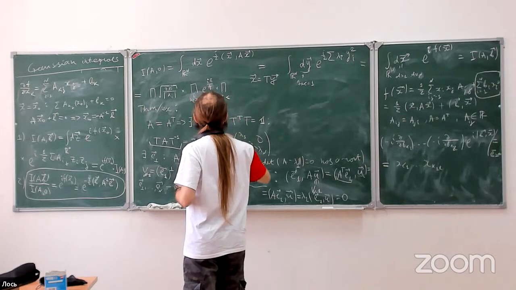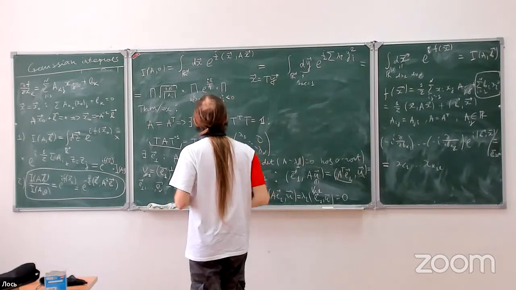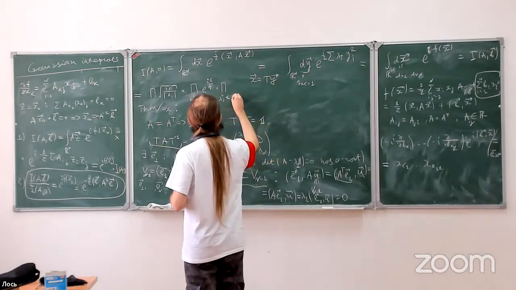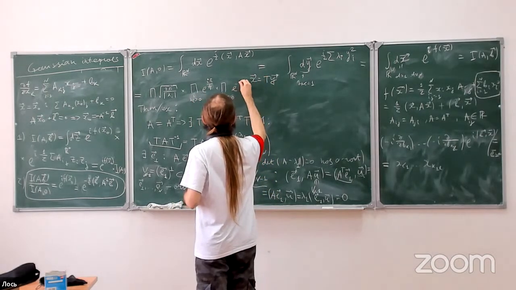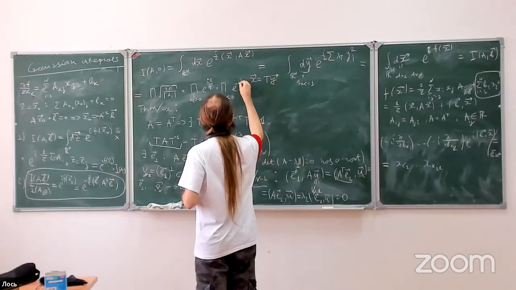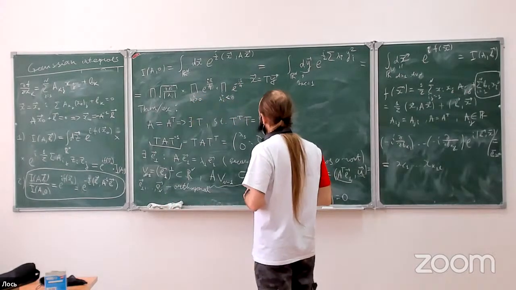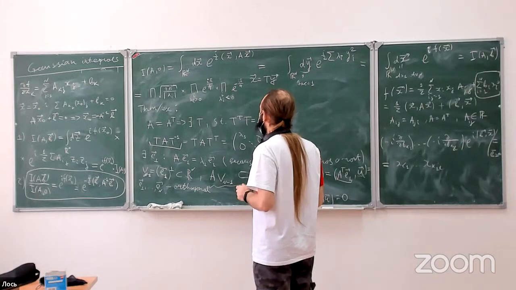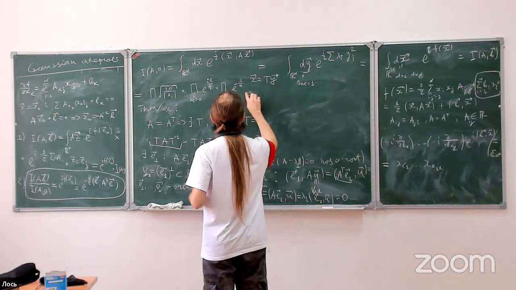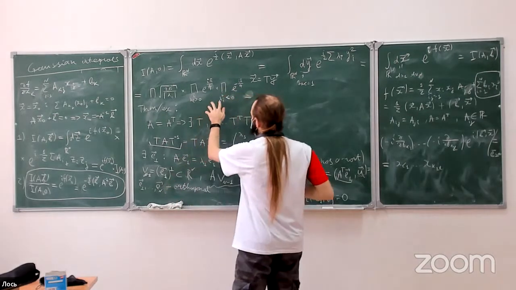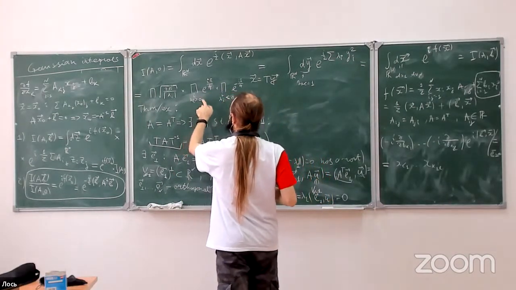So its product over lambda i less than 0 is e to the power minus i pi over 4. And we can also rewrite this in the following way. I don't know, is it better or not? We can collect some of these exponentials.